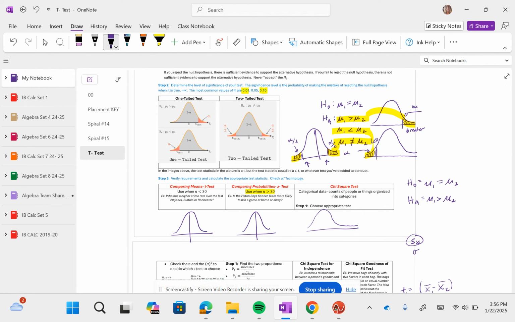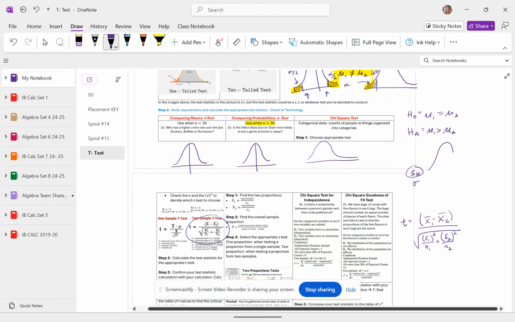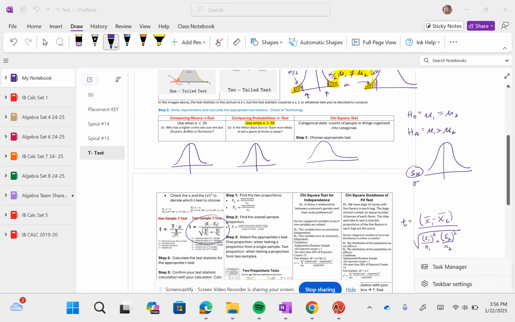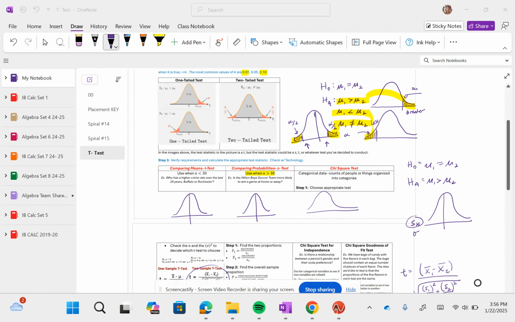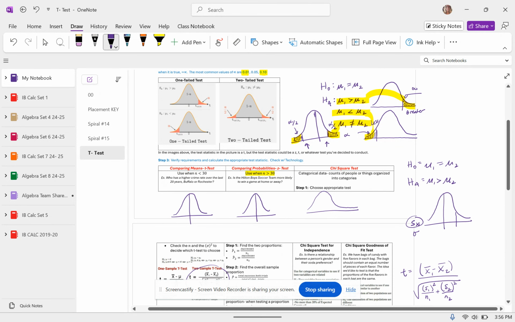Okay, so what would our curve look like? It's going to look like this. So when we find our test statistic, let's look at the tails, right? So for U1 greater than U2, we want to find how much faster this program is. Excuse the kids in the background.